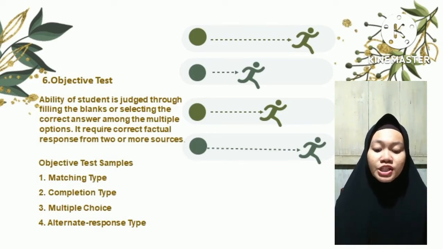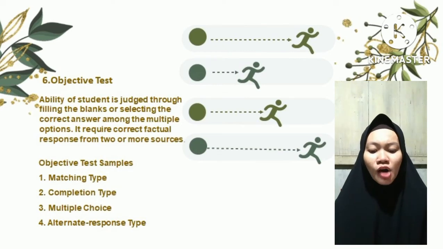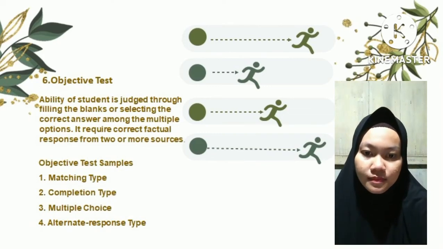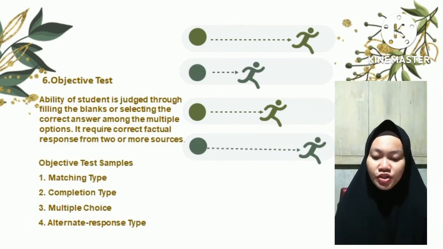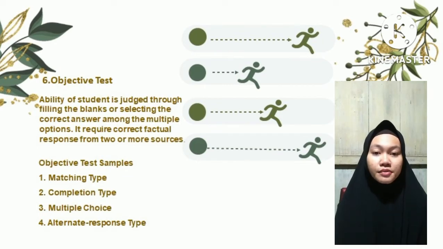Third, multiple choice. A number of set answers for each question or item is provided. The advantages of multiple choice are: first, multiple choice questions usually require less time for test takers to answer. Second, they are easy to score and grade.